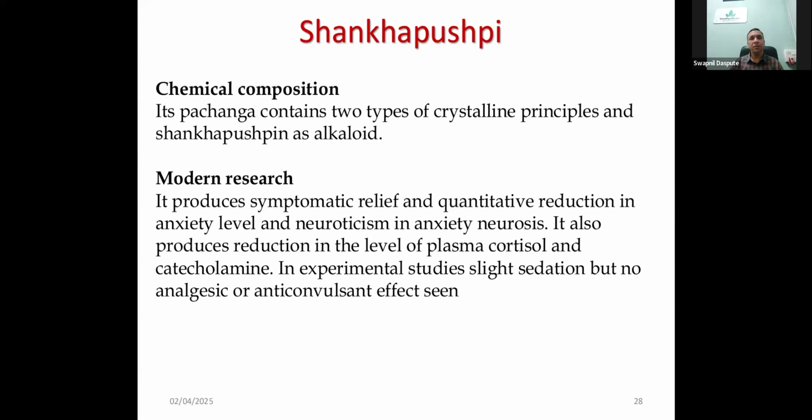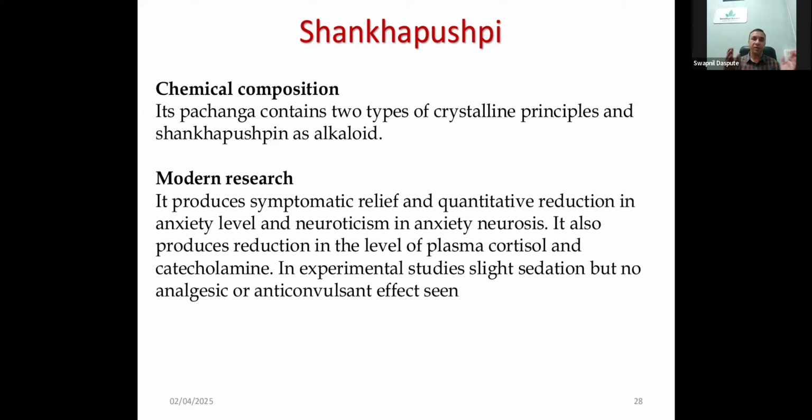It does not really need validation. However, whatever the modern studies have shown, the clinical trials showed that it has good effect on sedation as well as the anxiety levels reduce.